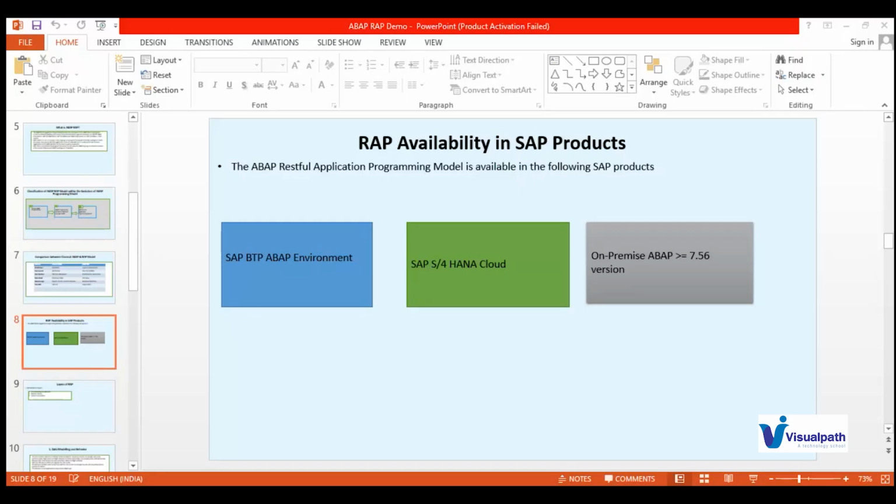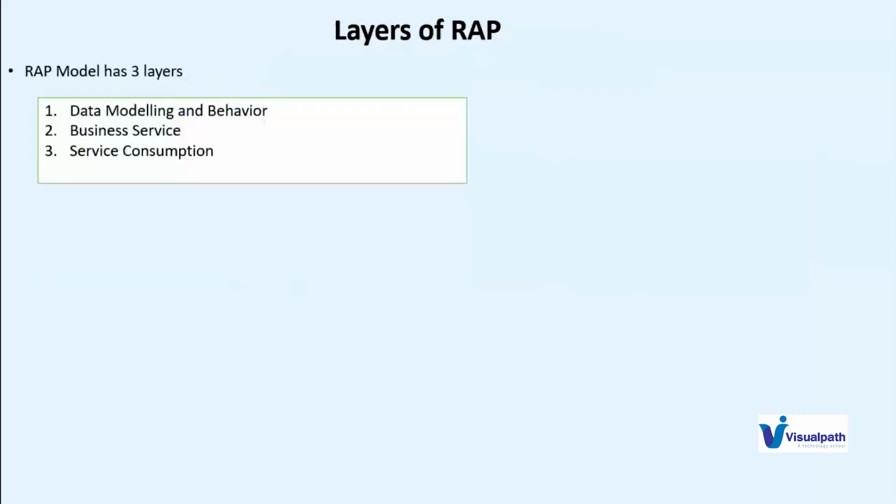Let's say the requirement cannot be achieved without using a BAPI; then you will have to create a wrapper class in tier 2 level, release it, and use it in tier 1. If you are doing any development in tier 1, which is considered public cloud development, that has to be released all the time. Then only will you be able to use it in tier 1, and it is always cloud ready, or you can say it is running on cloud. Now let's talk about the layers of RAP.